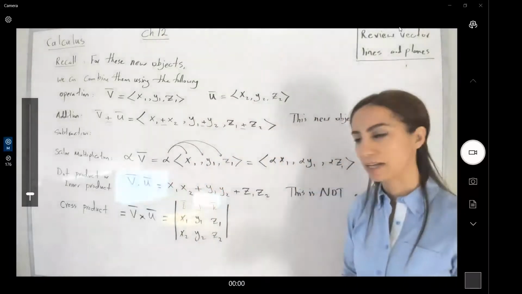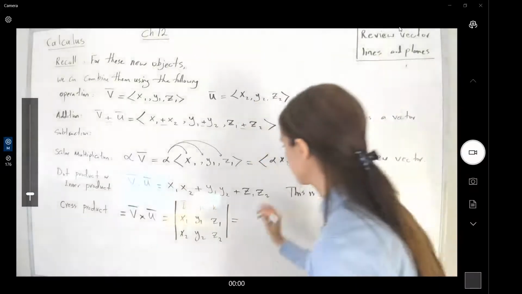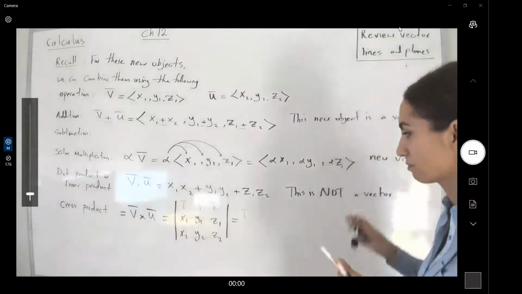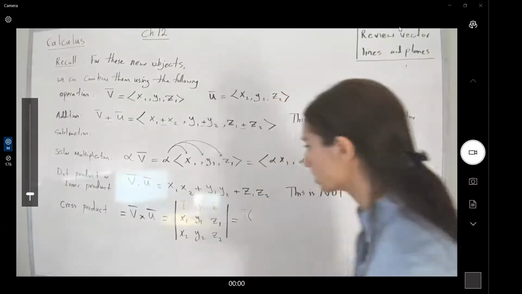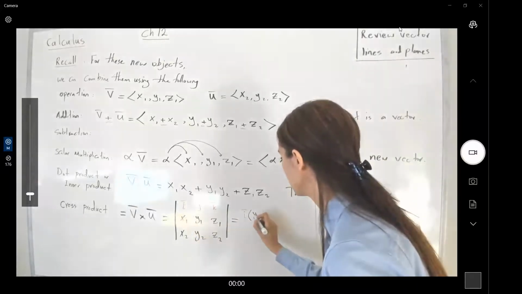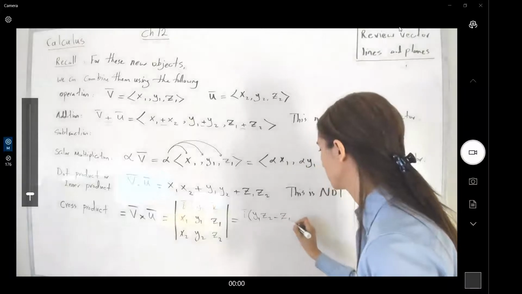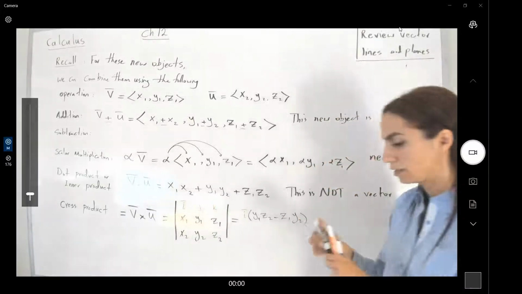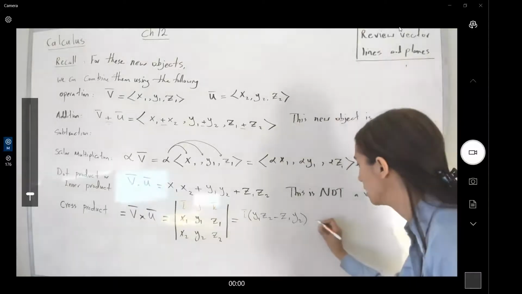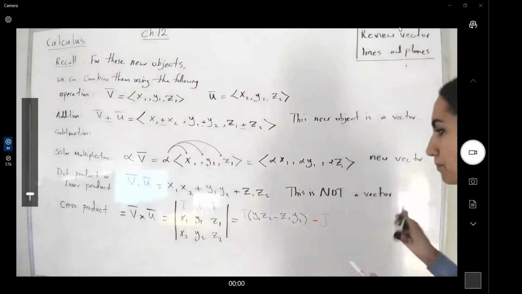From the determinant, you know that this is equal to i in the direction of x-axis times, okay, you get y1 z2 minus z1 y2. Then note that we're using negative j. It's not a plus sign. Minus j in the direction of y-axis.